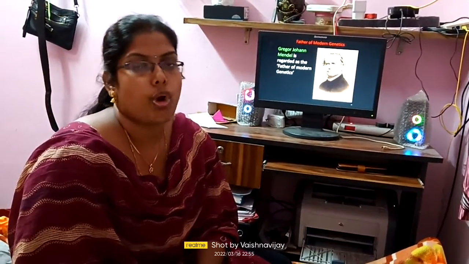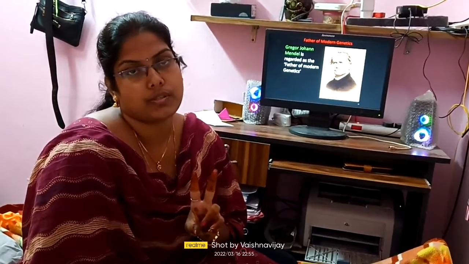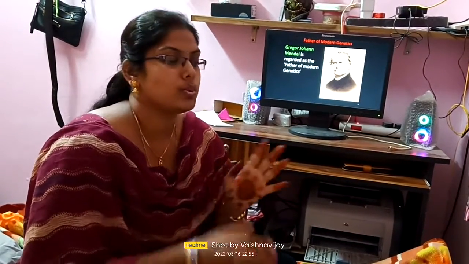And children, here is an interesting topic. Mendel chose a plant to do the experiment on heredity. An important characteristic about him is that each and every one of us has an interest in only one subject, but Mr. Mendel had an interest in both science and maths, which are very opposite poles.